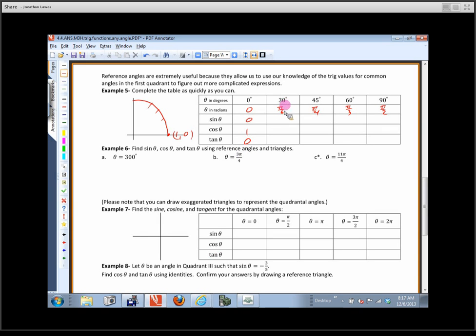Then I want 30 degrees. So I'm going to draw that 30-degree angle. This again would be the long leg, this would be the short leg. This is 1, this is 1/2, and this is radical 3 over 2. Those are the coordinates of our point: radical 3 over 2, comma, 1/2.